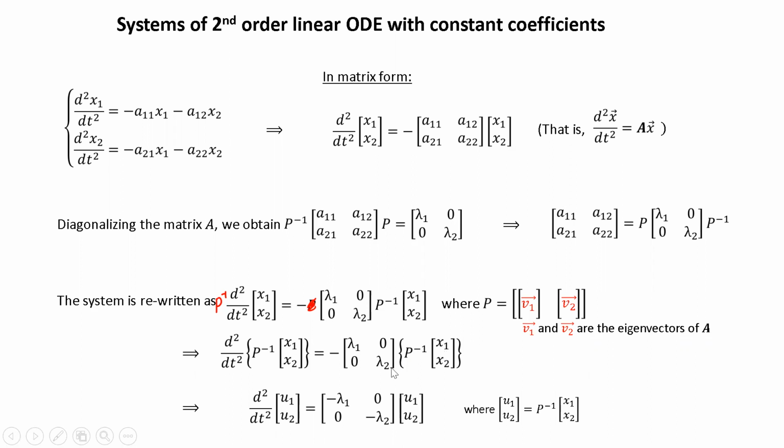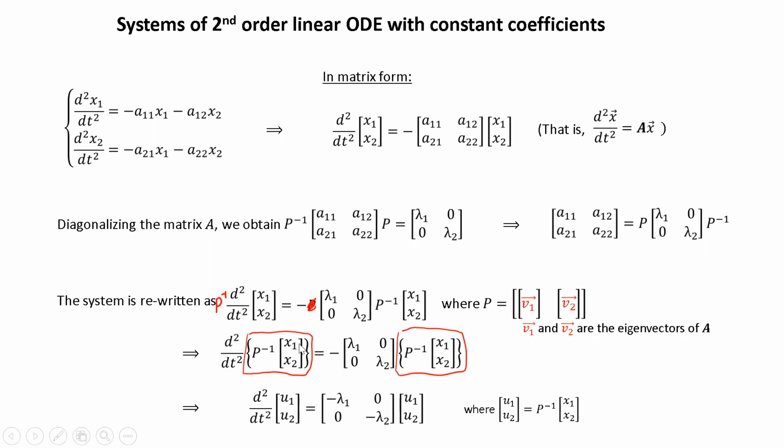So you can see that this whole thing appears on both sides of the equation. And I'm going to call this whole thing a new set of variables, u1, u2.